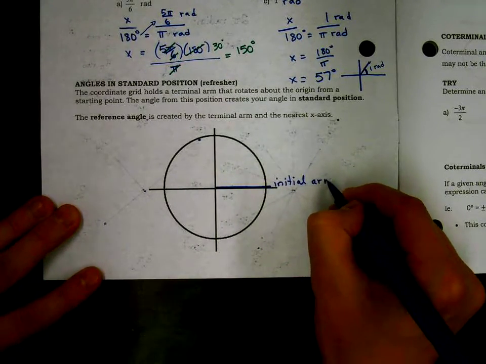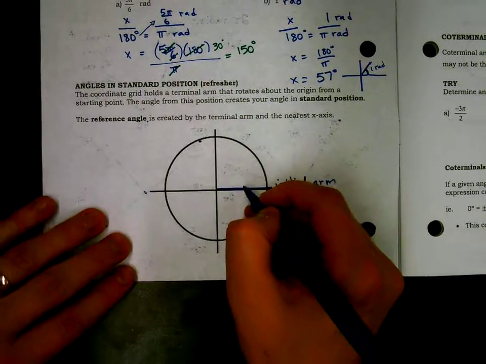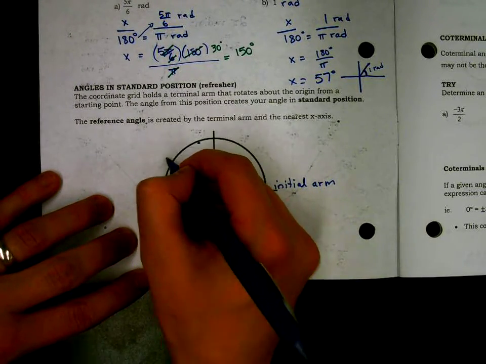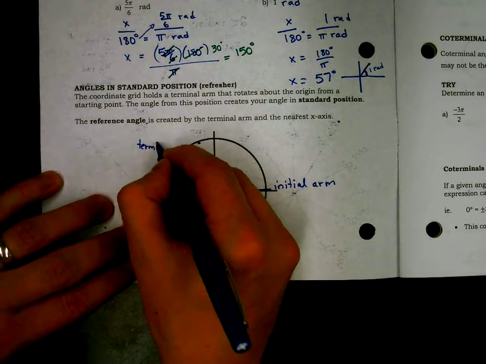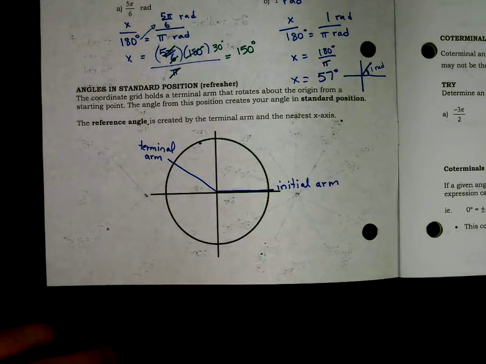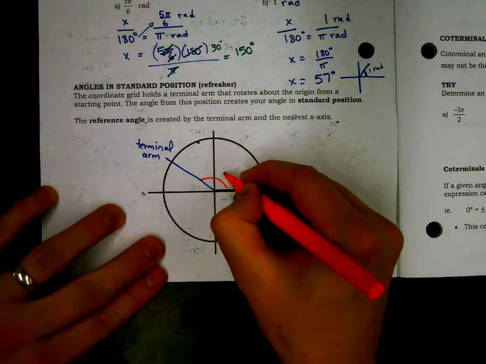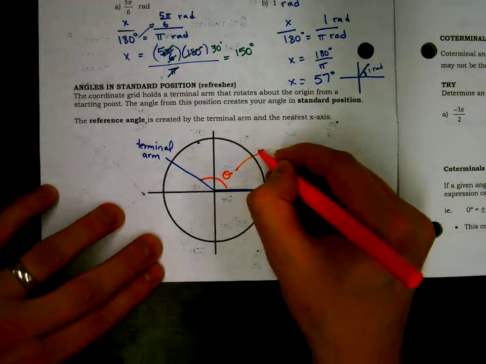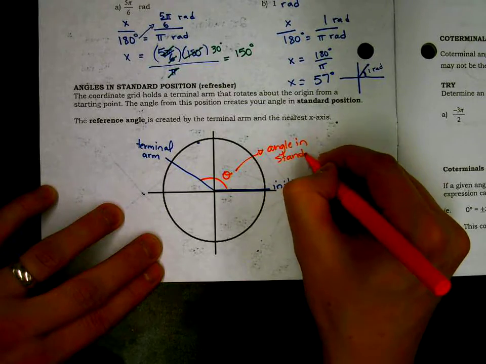This initial arm rotates around counterclockwise until it gets to some place where it stops or terminates. I just picked a random location, but this is called the terminal arm. So there's an initial arm and a terminal arm. And what is created as you rotate is an angle. This angle I will call theta, and this is an angle in standard position.